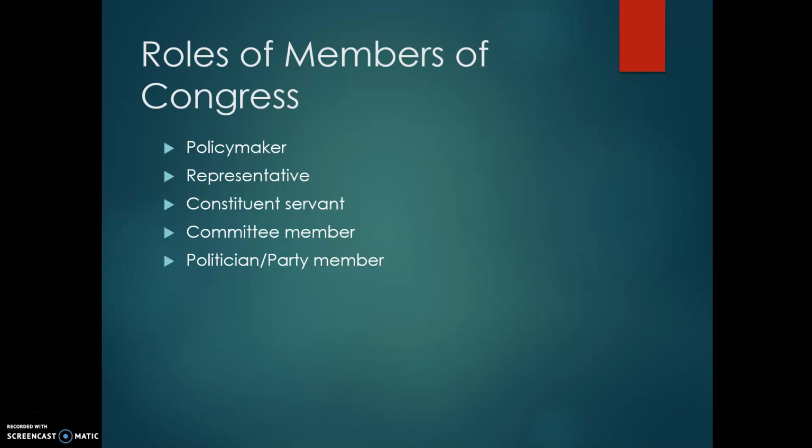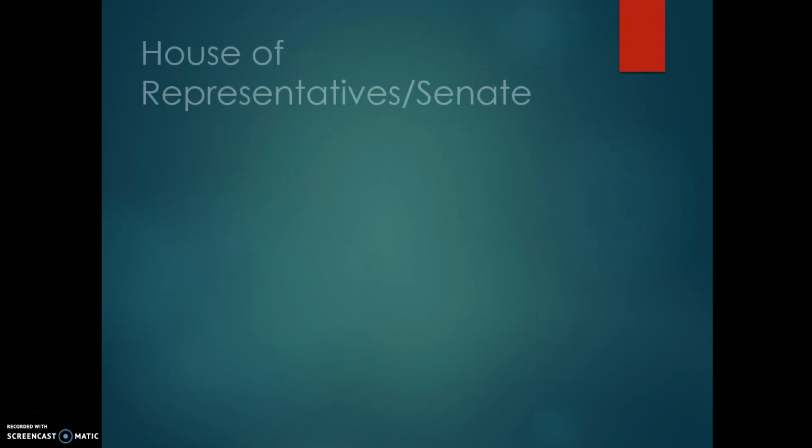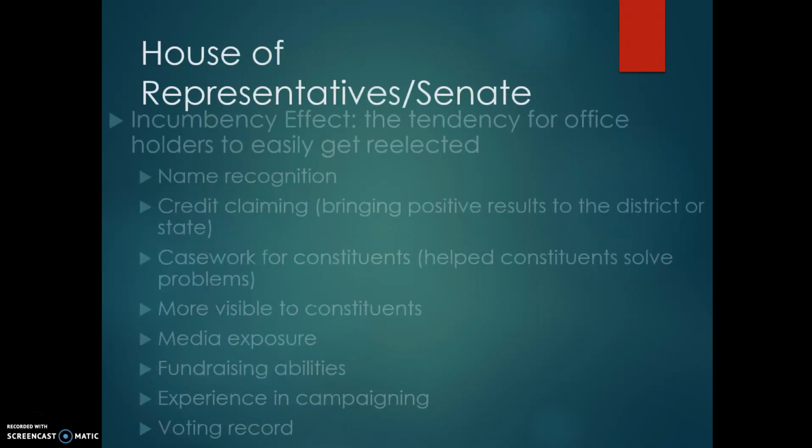As soon as you become a member of Congress, you're going to serve as a committee member. In the House, because there are a lot more members, you're going to serve on up to 2 or 3 committees. In the Senate, you're going to serve on 4 or 5 committees. Then you're going to be a party member, so you're going to have to remain loyal to your party itself.